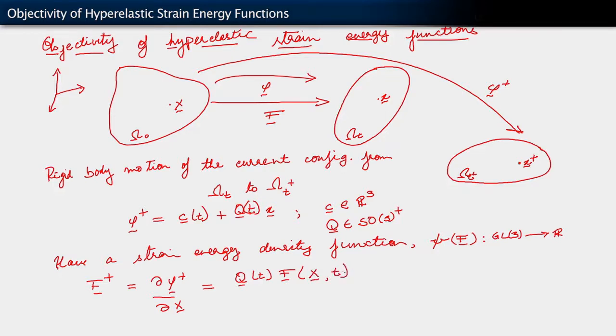Okay, all right. Fine. So we have this happening to the deformation gradient, and the question we are asking now is what should happen? What about psi? What we observe is that psi plus, which will be evaluated with f plus, should be equal to psi, which is evaluated at f.